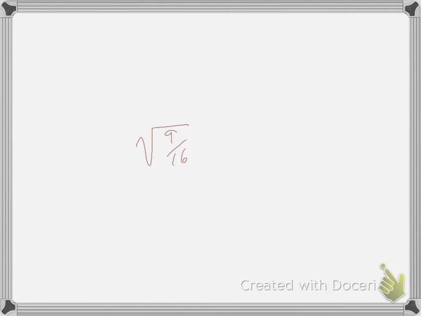You could always use your calculator, do square root and then parentheses 9 divided by 16, and that will spit out the decimal equivalent. But you might notice that what we have here is a fraction that is made up of perfect squares. 3, that's the square root of 9, over the square root of 16, 3/4. And that is indeed what you get. If you did it in decimals, you'd get 0.75 as your answer.